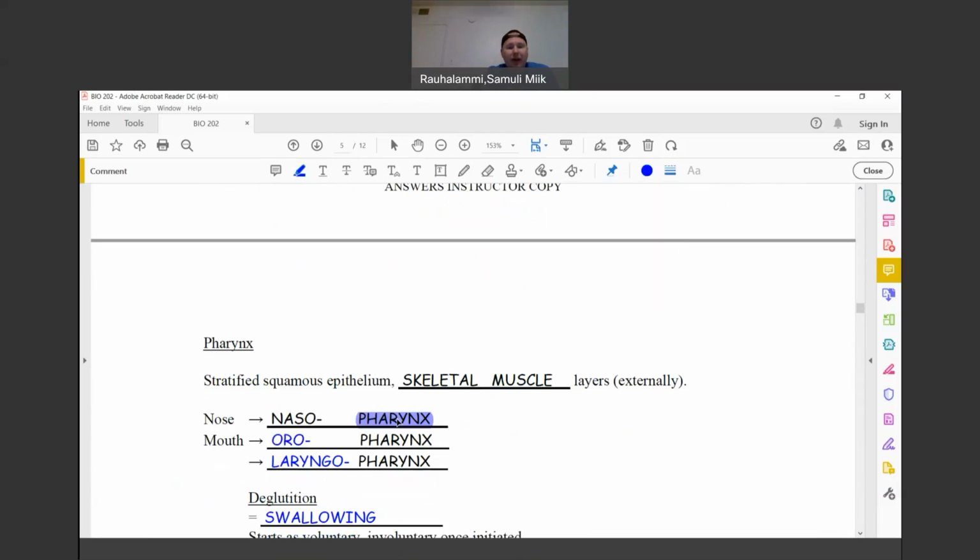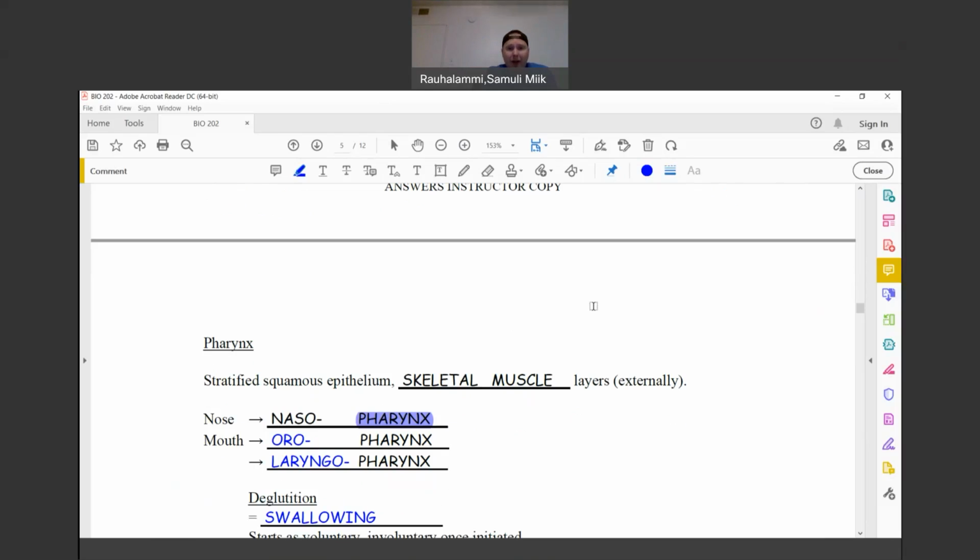So the nasopharynx is not a part that we're interested in when we talk about the digestive tract. That's the part of the pharynx that's the most superior, behind the nasal cavity. For us, in terms of the digestive system, we should not have to go there. Hopefully food doesn't go into your nasal cavity.